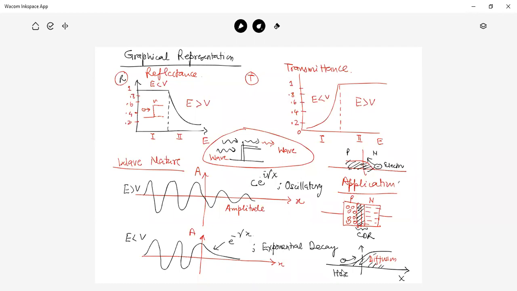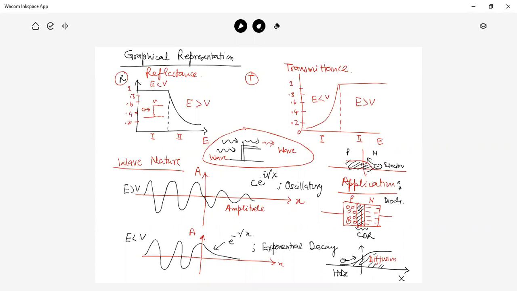So the application of this is the p-n junction diode. It is the best example to demonstrate the quantum mechanical concept in the p-n junction diode, which clearly explains the existence of quantum mechanical concepts. So one of the better examples of this is the potential.